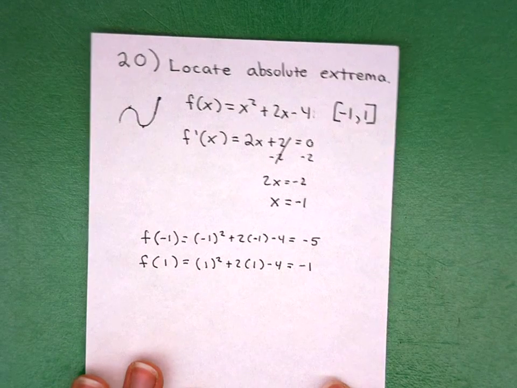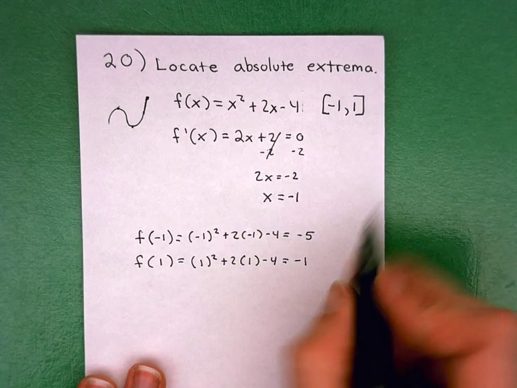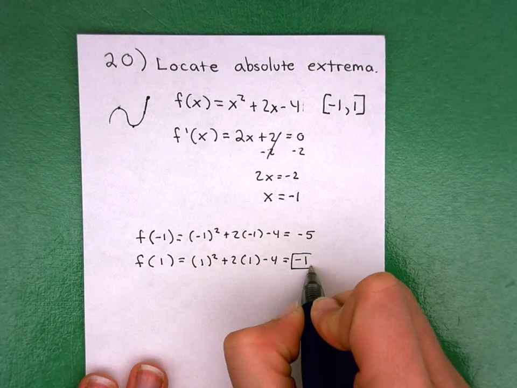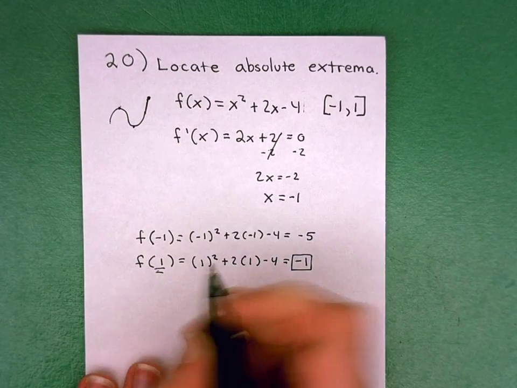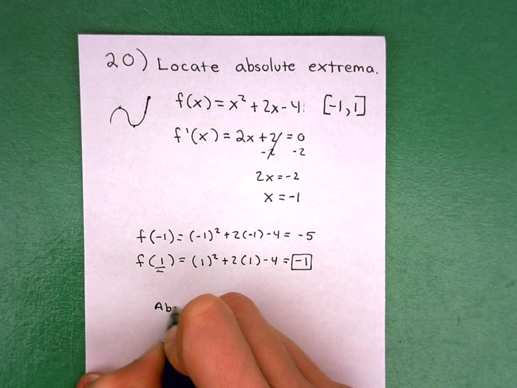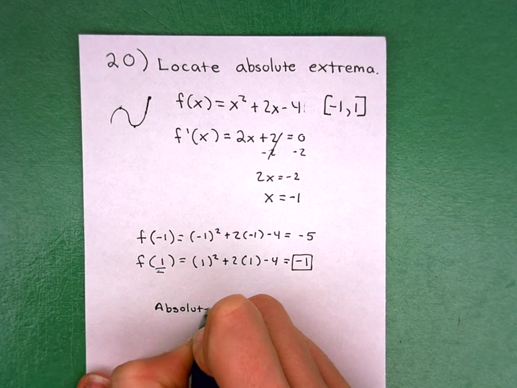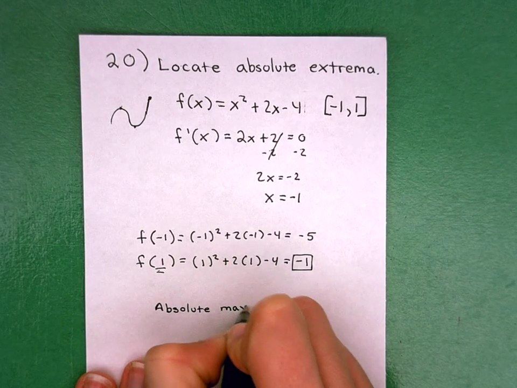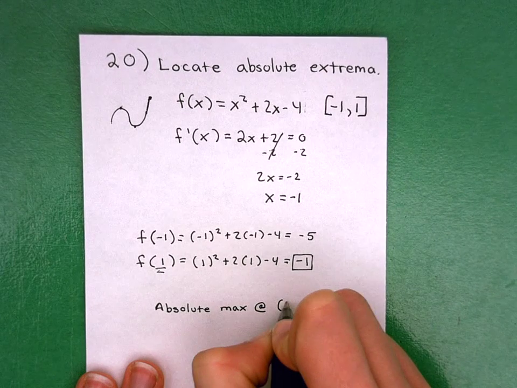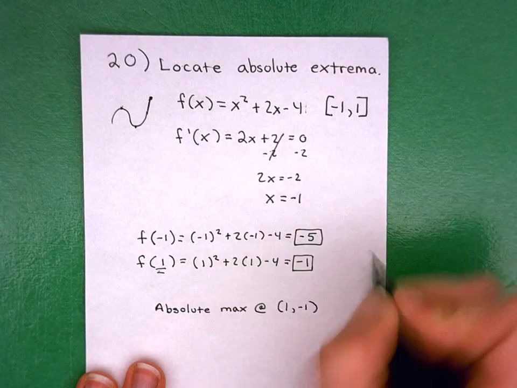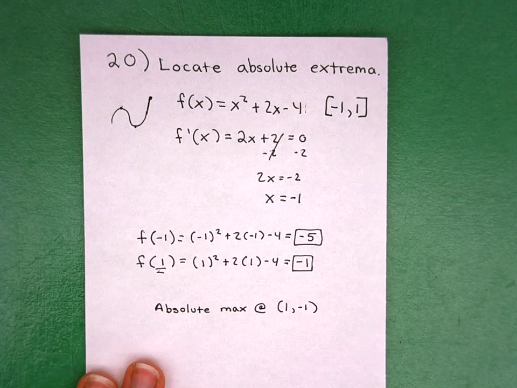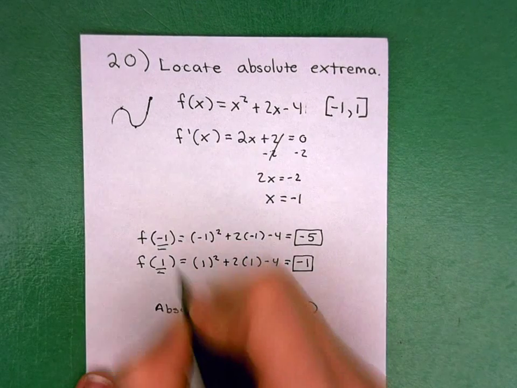And so which one is my absolute maximum? Which one gives me the highest? Well, my absolute maximum is negative 1, and it's located at x equals 1. And which one's my lowest, my minimum? Well, negative 5 is the lowest one, and it's located at x equals negative 1.